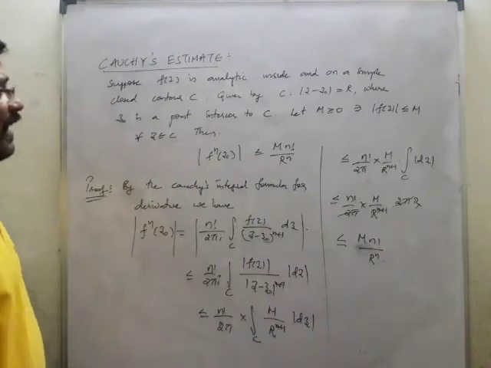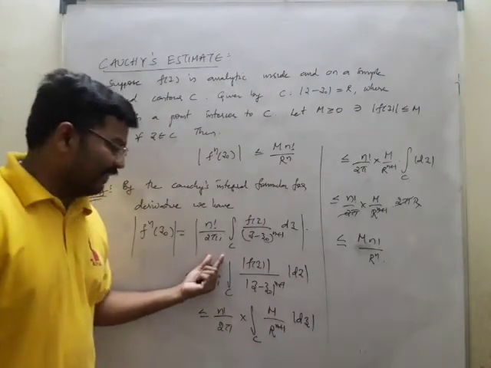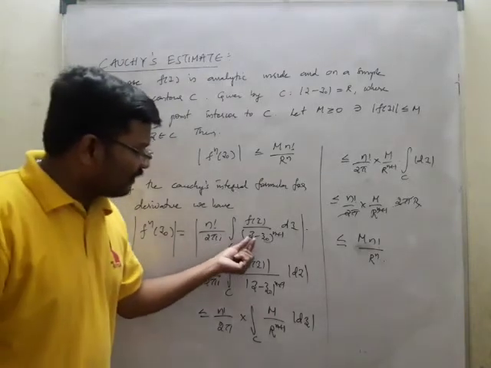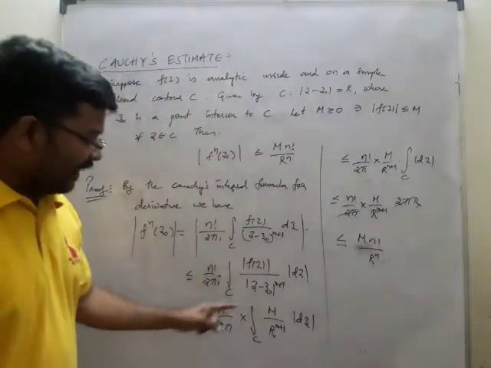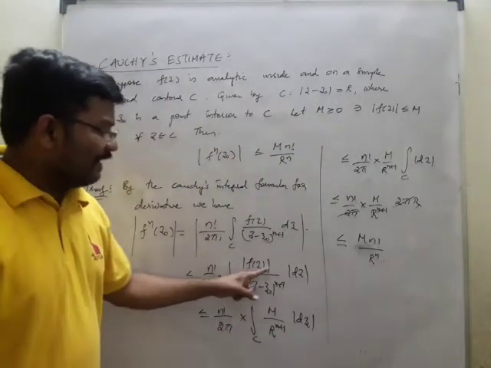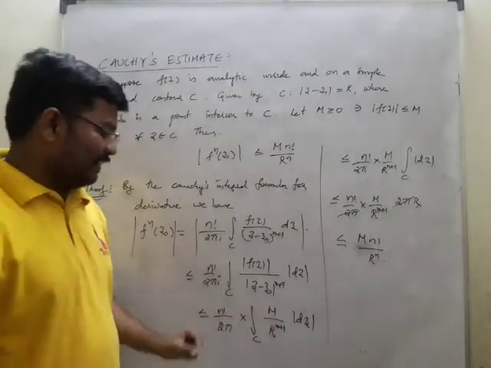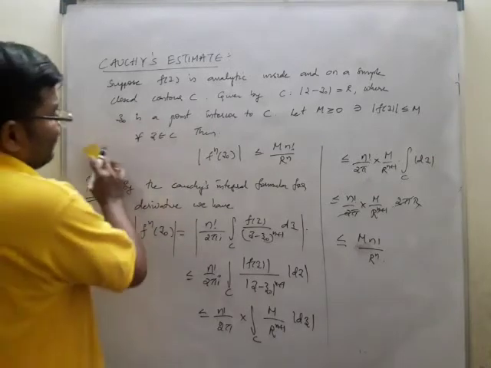Now what have we done? It's very simple. By taking Cauchy's integral formula for the derivatives and taking the mod on both sides, with |z - z₀| equal to r, and |f(z)| bounded by M, this is how we can find the Cauchy's estimate.